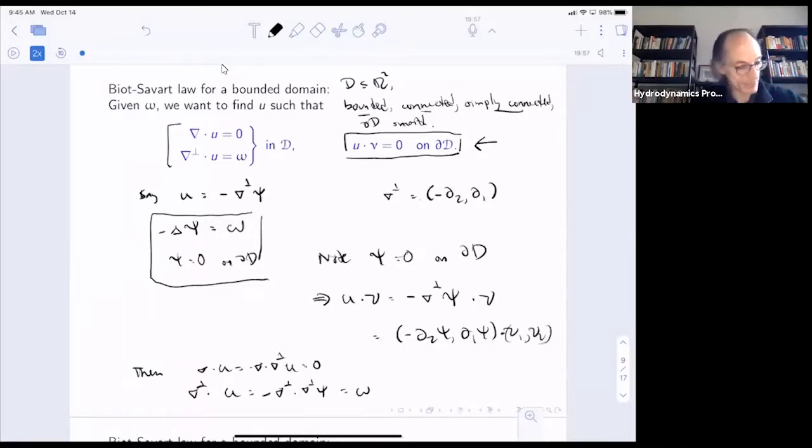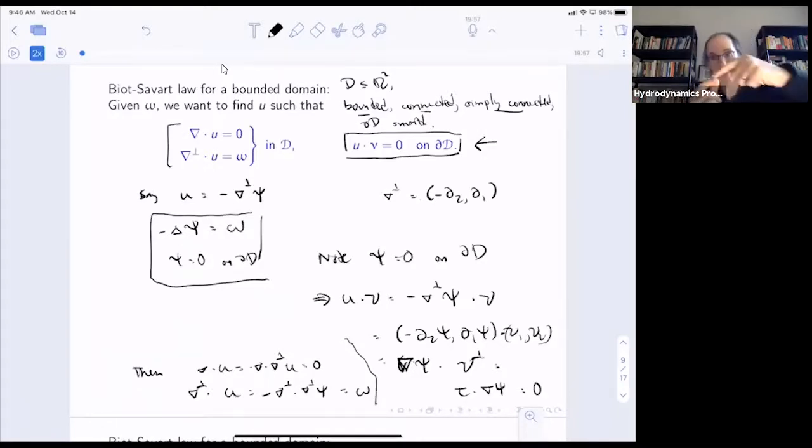And so I can see this is grad psi dot nu perp. The point is that if I take the unit normal and rotate by 90 degrees, this is the tangential derivative of psi, which is 0 because psi is constant on the boundary. So as I move along the boundary, it doesn't change. The tangential derivative vanishes. And so I can see that this boundary condition for psi will arrange the proper boundary condition for u.